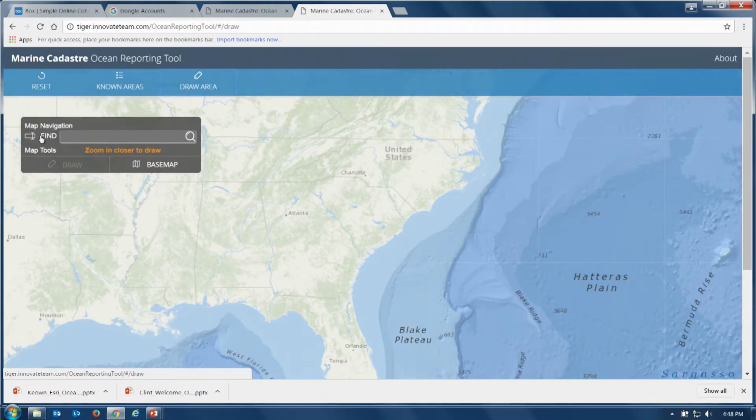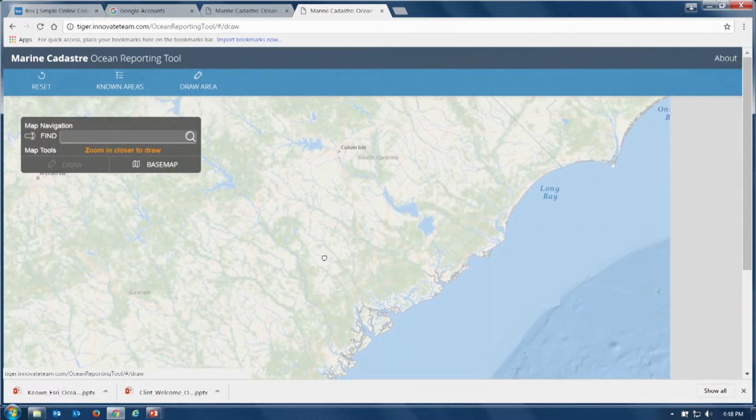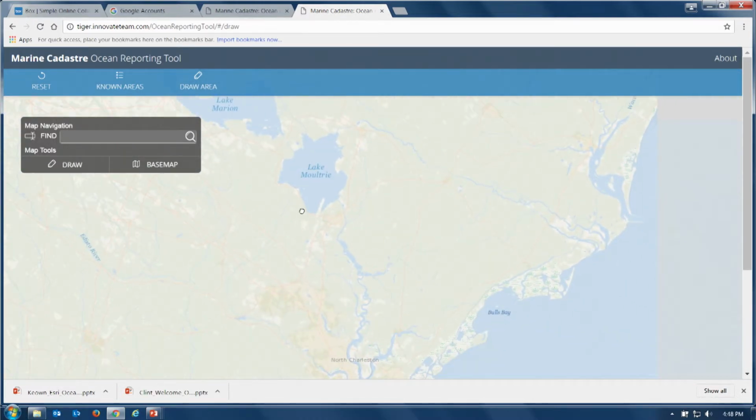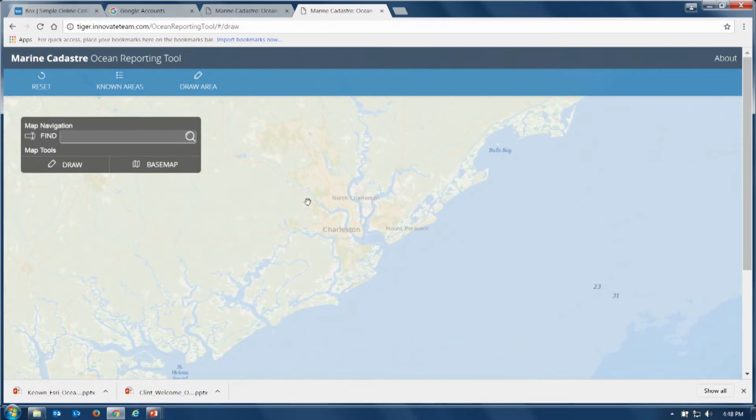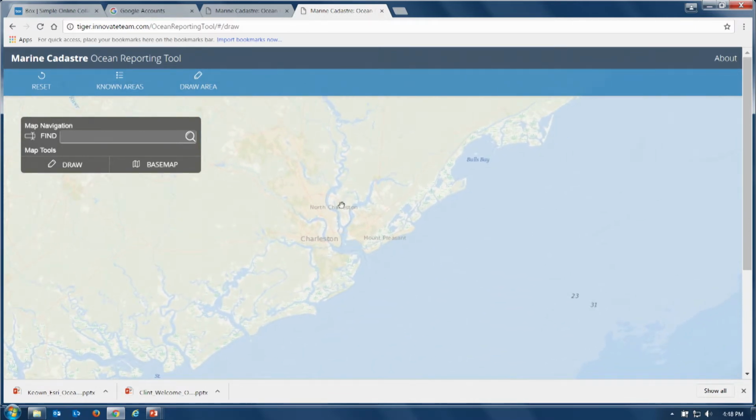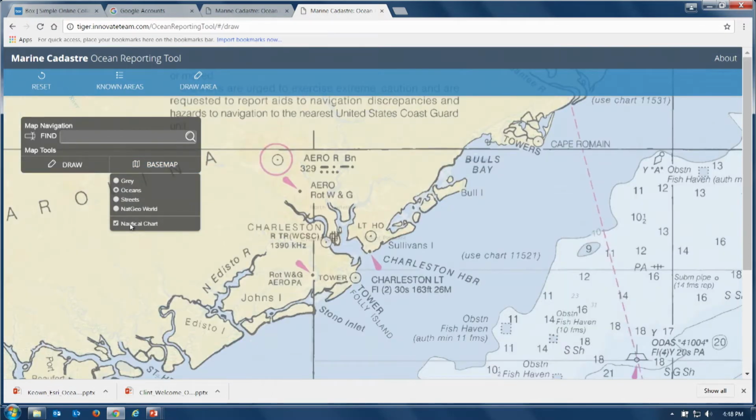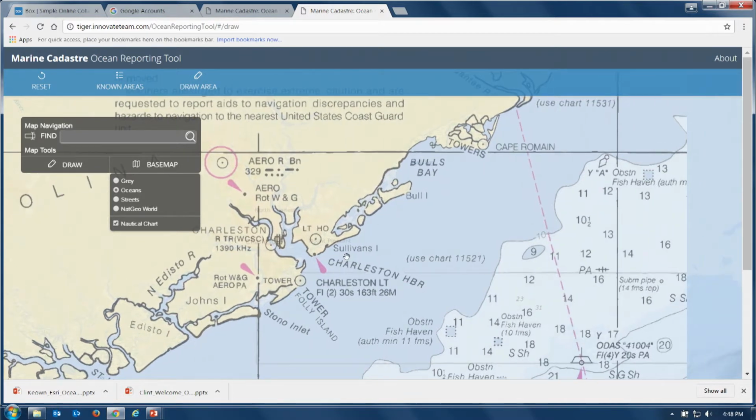So it pops up a navigation box. You have to zoom in a few scale bands to actually enable drawing, and you can here. So you don't see very much information here, so what we're going to do is pull up a nautical chart as a backdrop, just to give you some spatial reference. And what we're looking for is sand off of this area.